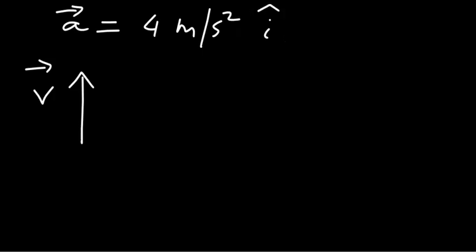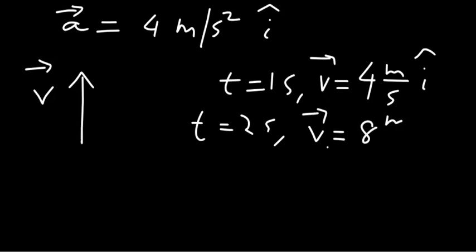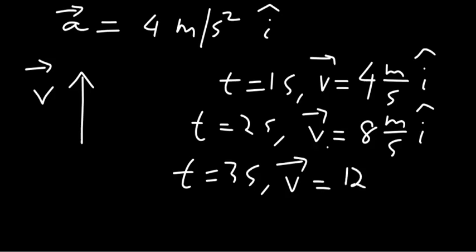What that means is at t equals 1 second, if the velocity is, let's say, 4 meters per second i hat, at t equals 2 seconds, its velocity would have increased to 8 meters per second in the same direction. And at t equals 3 seconds, its velocity now would be 12 meters per second i hat.